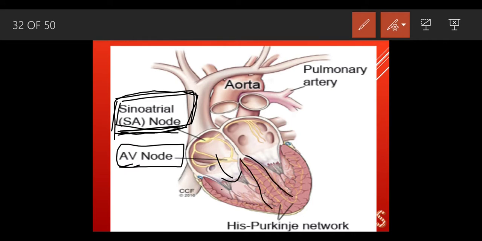This AV node gives rise to many of these fibers here, and these fibers form the Purkinje network. The Purkinje network is present here in the ventricular region.